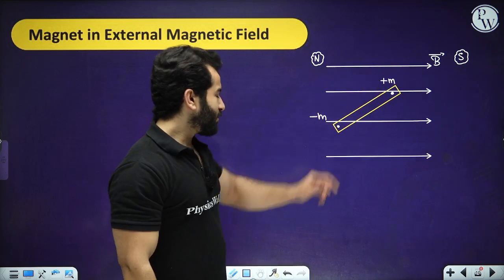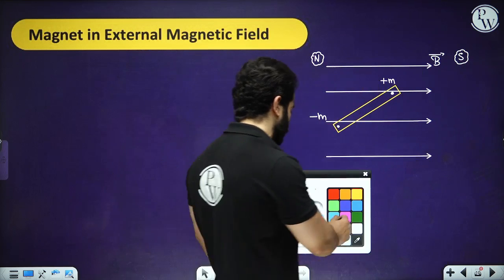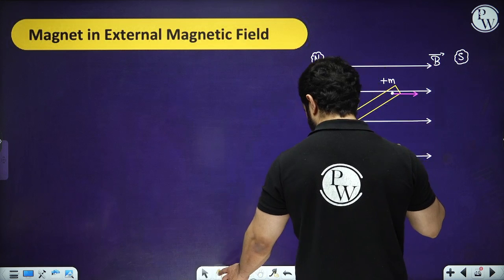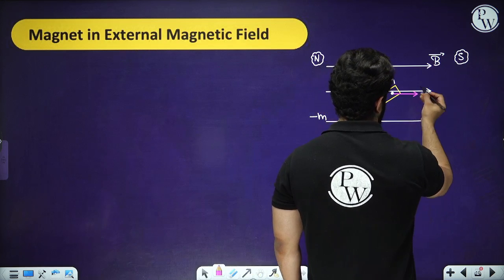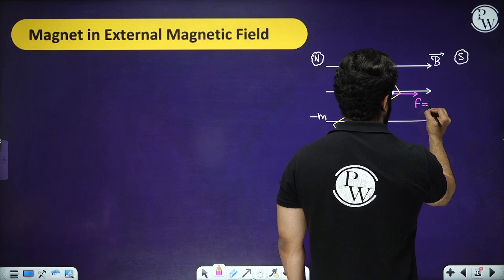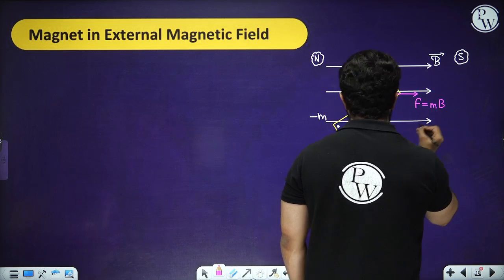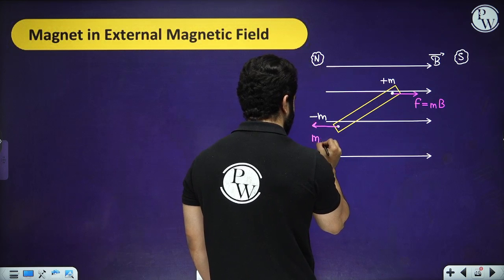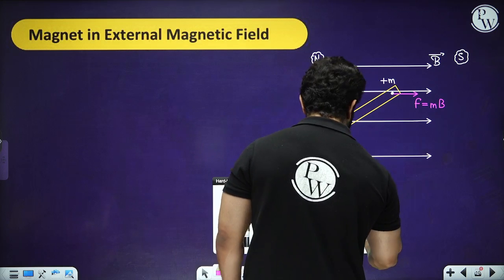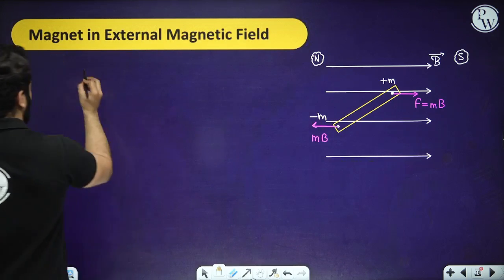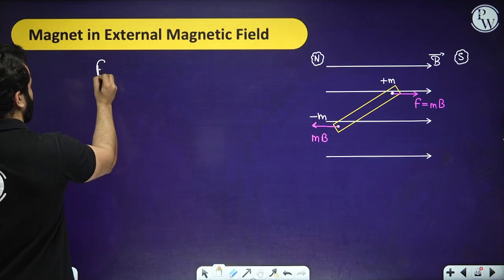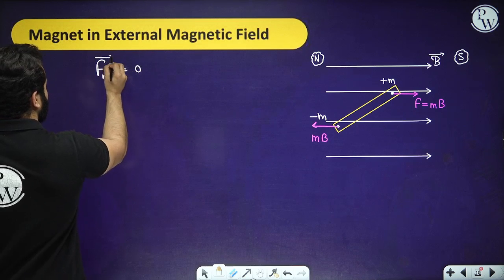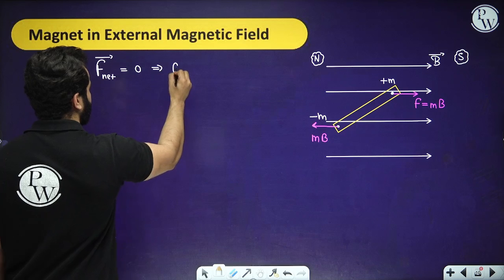So this particular pole will experience a force something like this, which is going to be m times the magnetic field B, and this one will experience a force towards the north pole, which will be m times B as well, right? Net force on this dipole is going to be 0, so there will be no change in the translatory motion. If net force is 0, net acceleration will be 0.